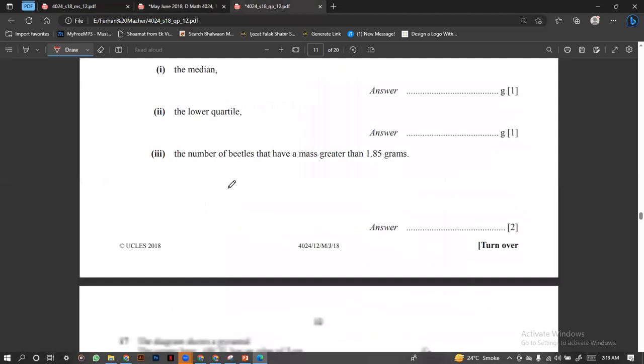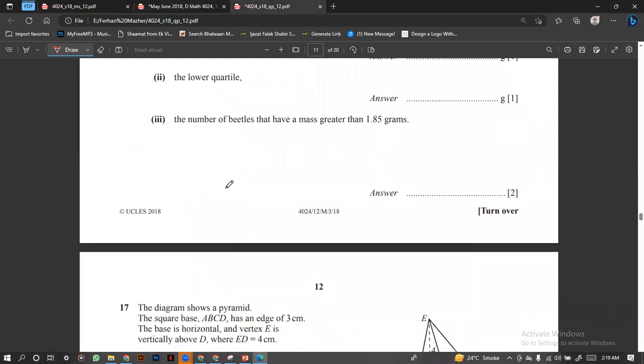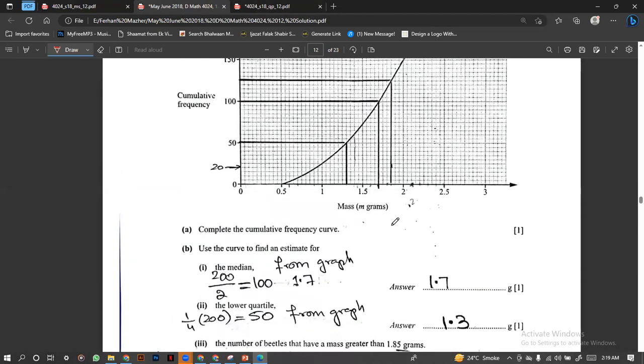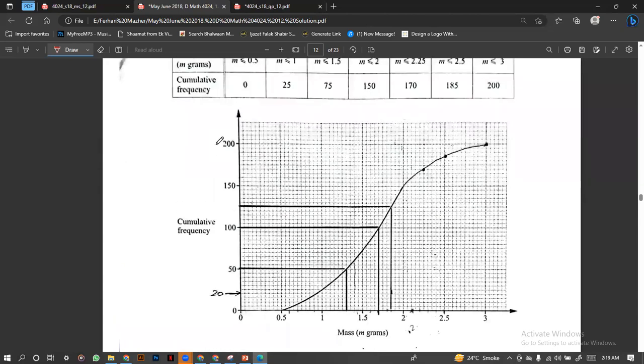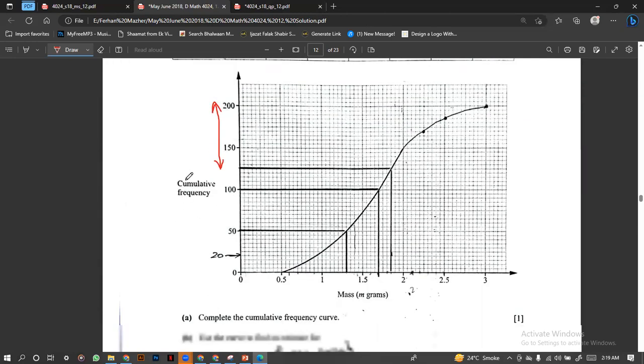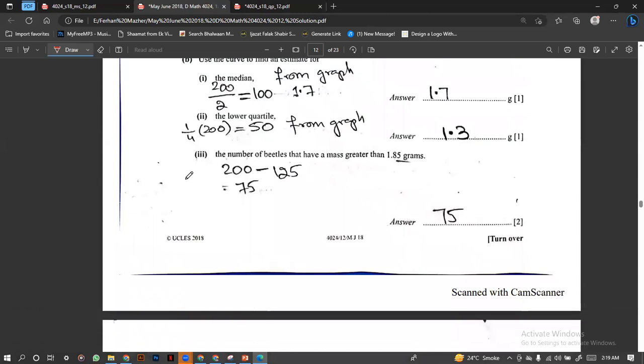Okay, then their question is the number of beetles that have a mass greater than, this is very important, greater than 1.85 grams. So I will check where is 1.85. This is here. From here, go to the curve, and then you have to tell how many beetles are above this. So that will be 200 minus whatever is your reading.